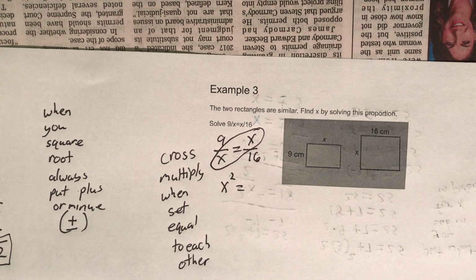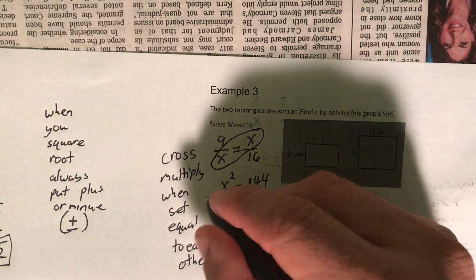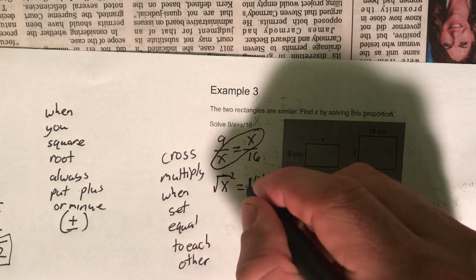16 times 9, which is going to get you, let's see, 144, I would say, off the top of my head. Then we'd have to square root both sides.